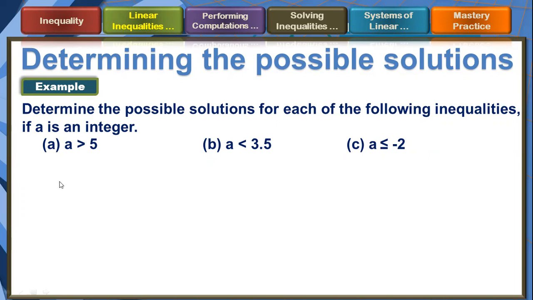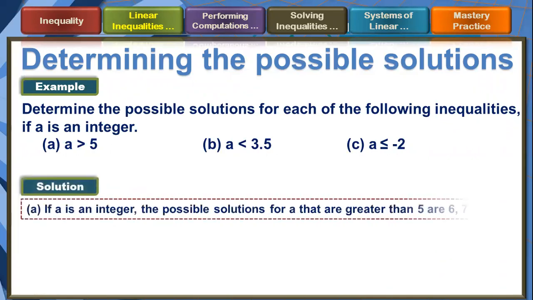So for example here, A is greater than 5. What are the integers that are greater than 5? So the answer is, if A is an integer, we have to state this statement. The possible solutions for A that are greater than 5 are 6, 7, 8, and so on. You have 9, 10, 11, 12.